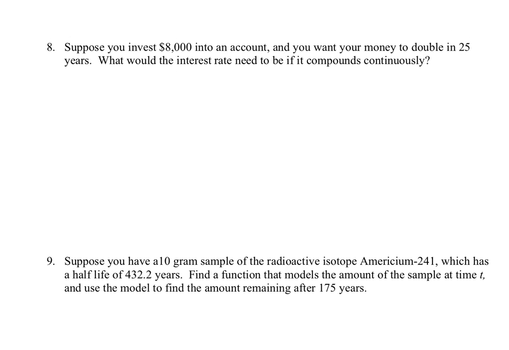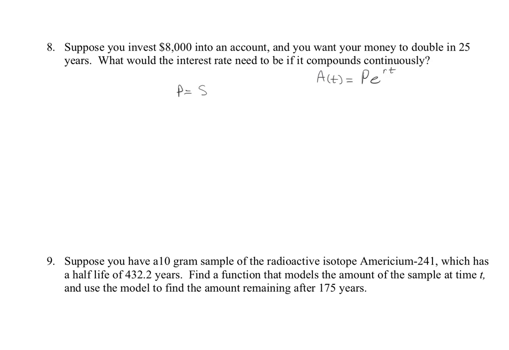Okay, for question 8, these are applications of exponential functions from section 4.5. We want our $8,000 investment to double. Now the key word here is it compounds continuously. So continuously compounding interest, if you recall, is the amount in any given time is equal to the principal investment times base e raised to an exponent of rate times time.